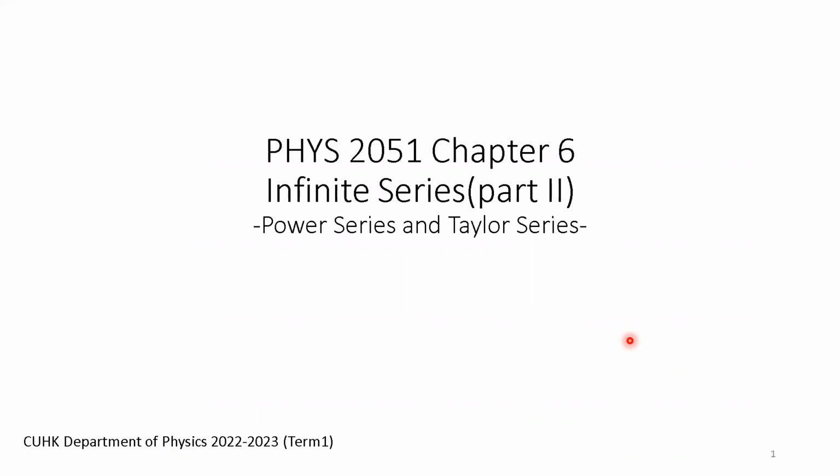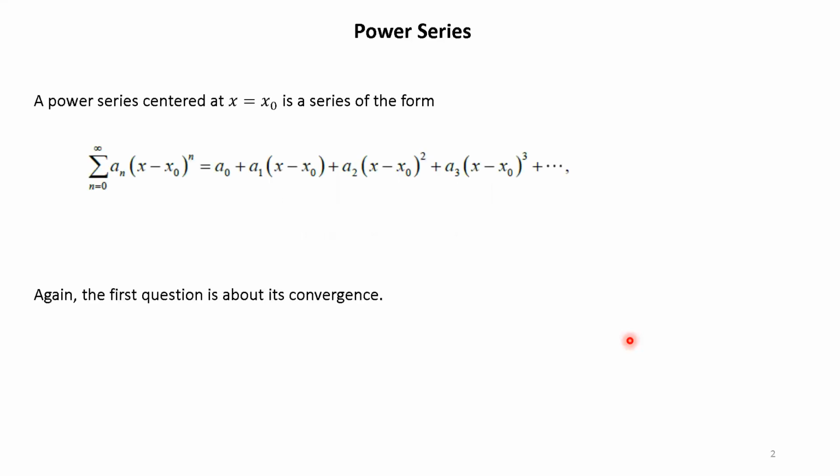Here comes part 2 of chapter 6, and it's also the last part that will be covered in the exam. Here we are going to talk about power series and Taylor series. They are also infinite series. What is the definition of a power series?